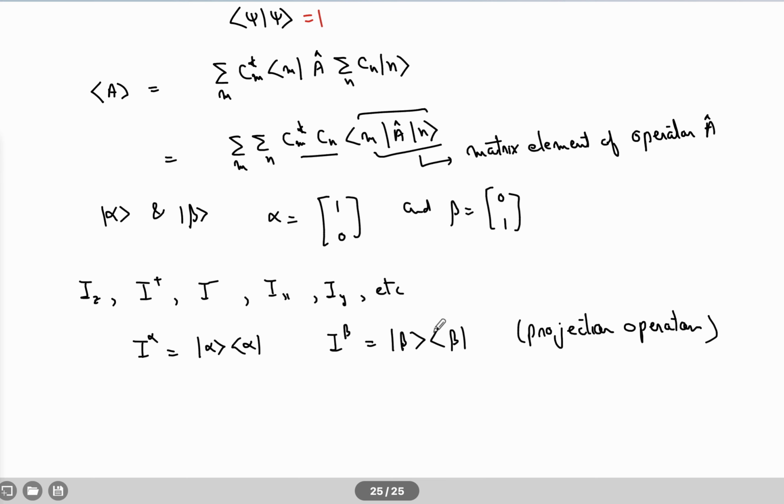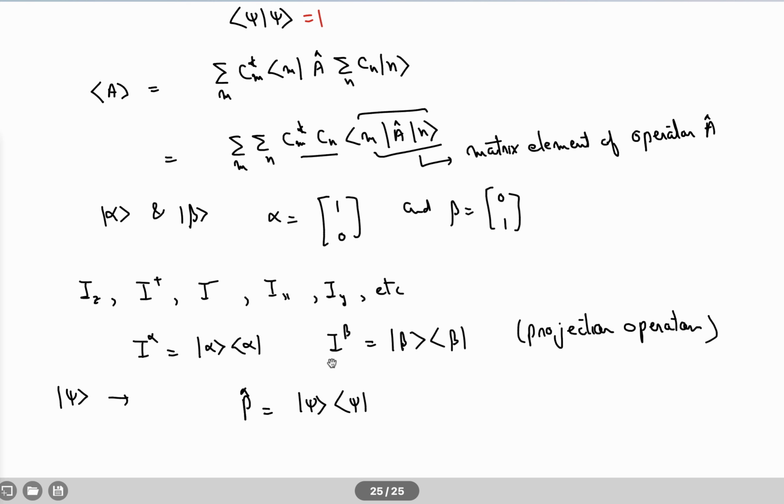This was discussed in 1 or 2 lectures back, right? So for a general state psi, projection operator can be written as P is equal to ket psi and bra psi.